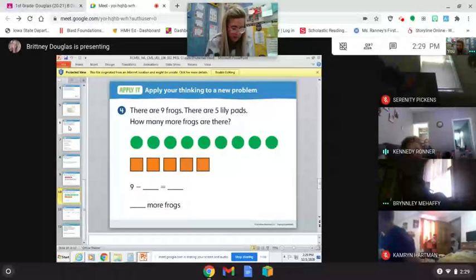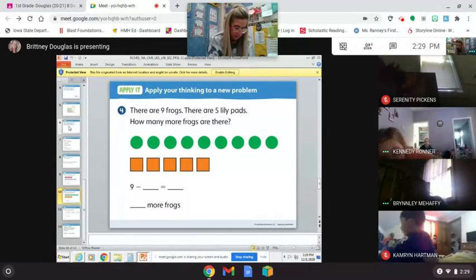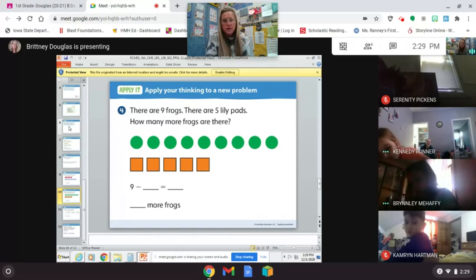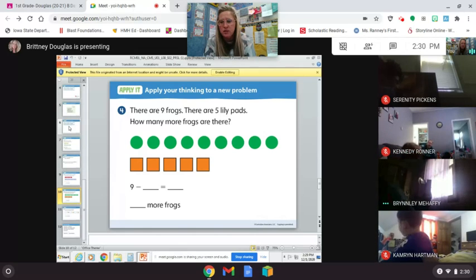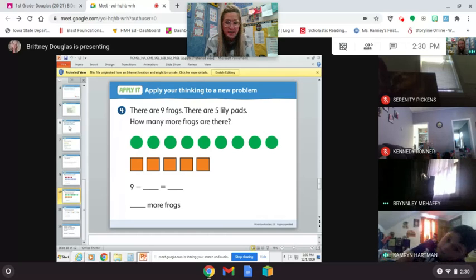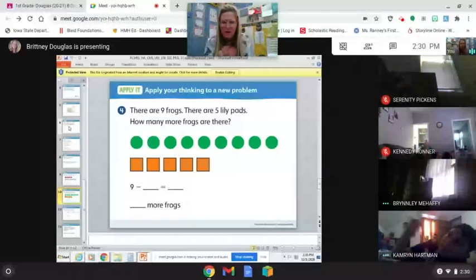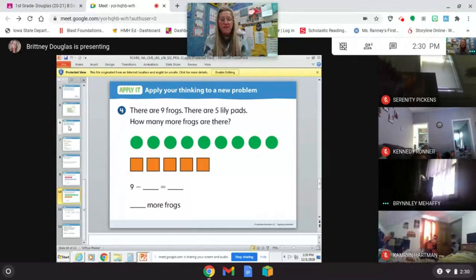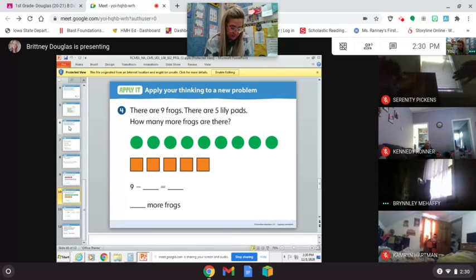Okay, what is it, Kennedy? 4. Okay, so if we have 9 frogs, how many are we taking away? What's the smaller number, Cameron? 9 take away what? 5. Good. 9 take away 5, and Kennedy told us that equals 4. So there are 4 more frogs that do not have a lily pad to sit on. Good.